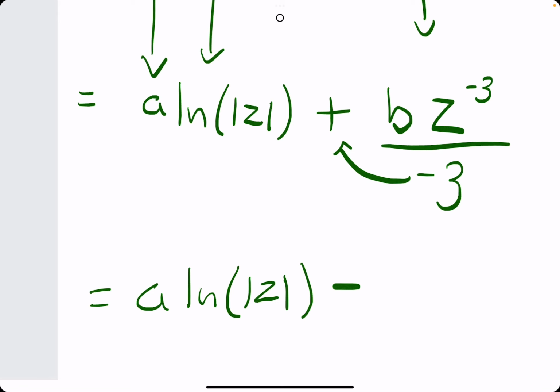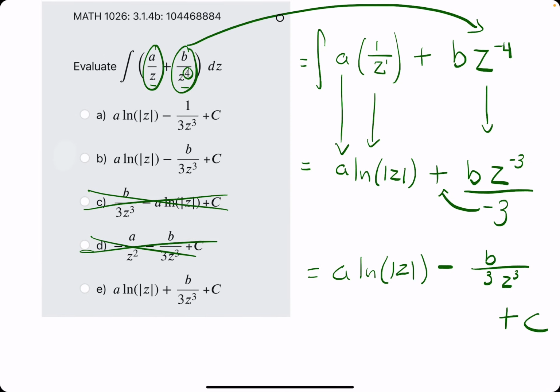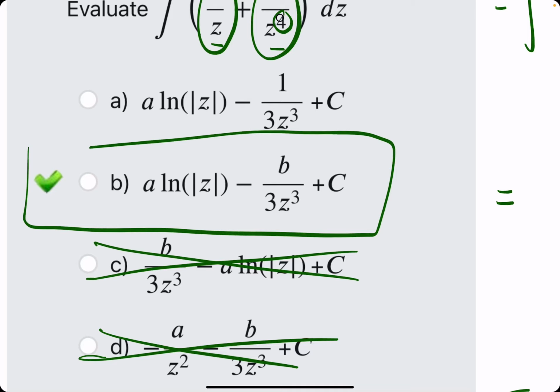And then the b will stay on top, and the z to the negative 3 will translate to z to the positive 3 in the denominator. And that 3 was already in the denominator, so it'll stay in the denominator. Plus c, and that should be it. So we're looking for the minus b over 3z cubed, which looks like option B.